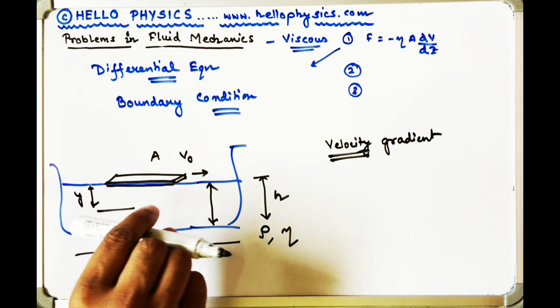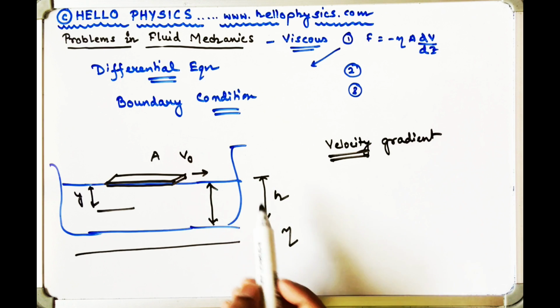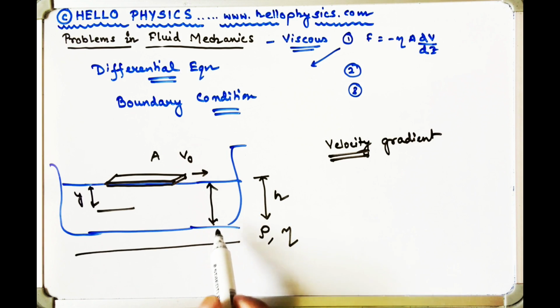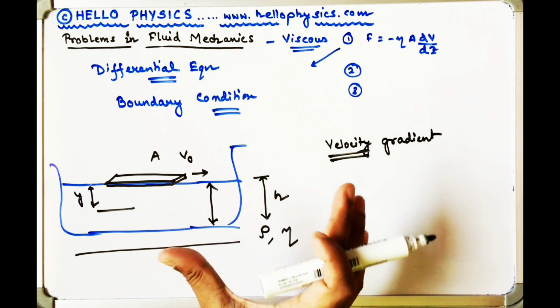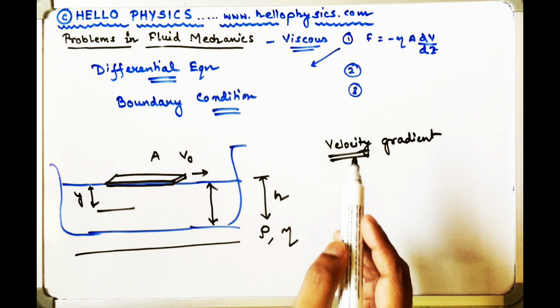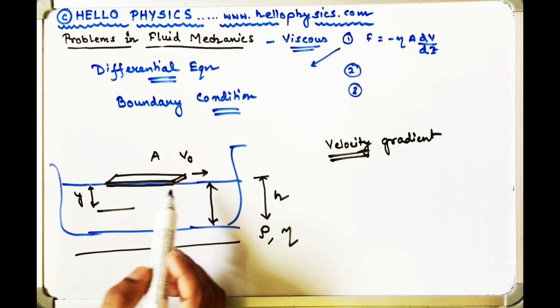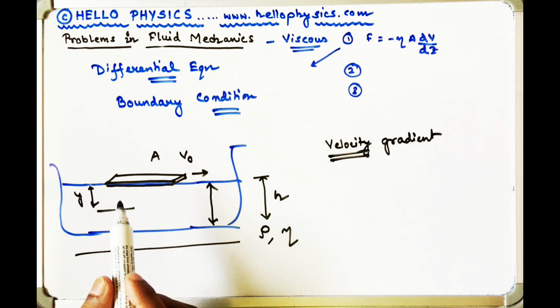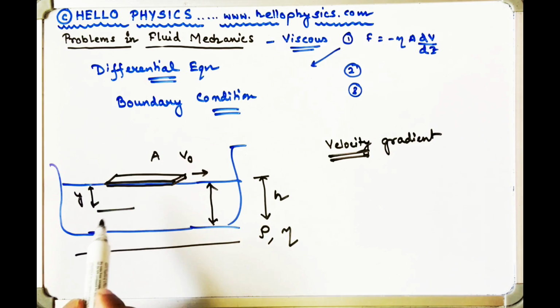Remember, the board is moved with a velocity of v0. The fluid has a depth of h, and the length is much larger compared to the other dimensions. The fluid is viscous, the coefficient of viscosity is eta, and the density of the fluid is rho. You have to find out the velocity gradient and how the velocity within the fluid varies with depth.